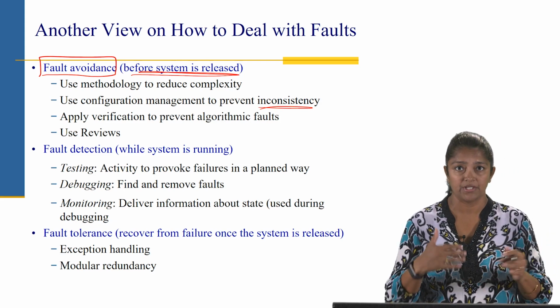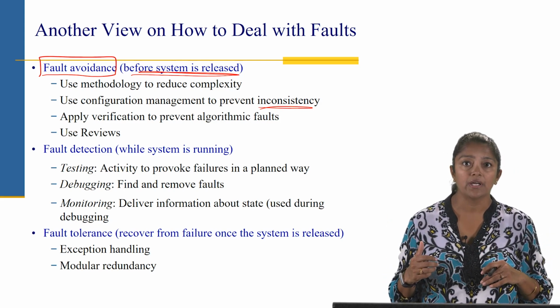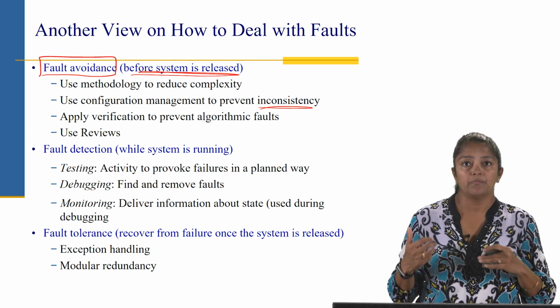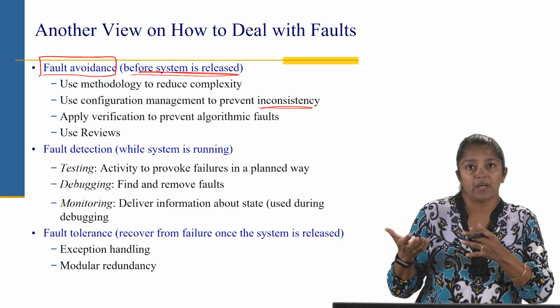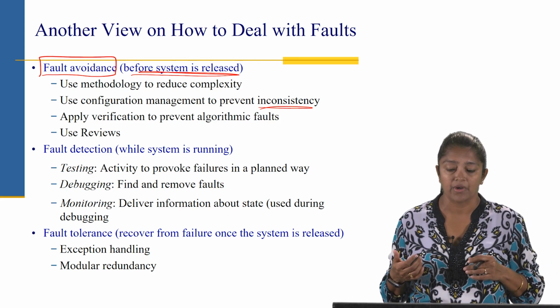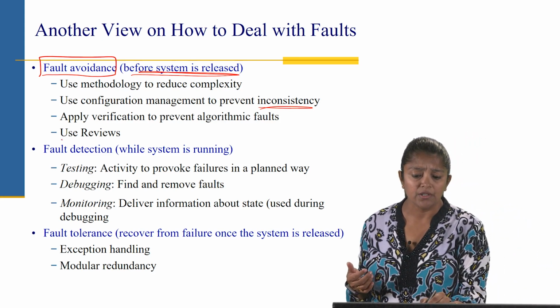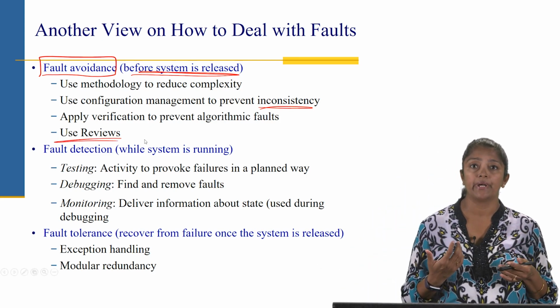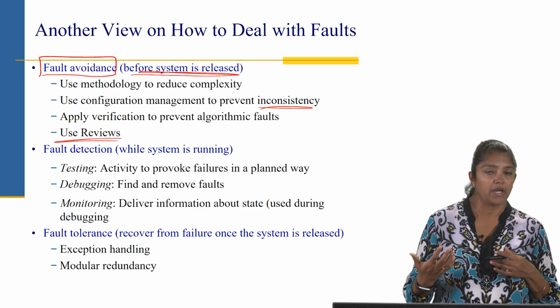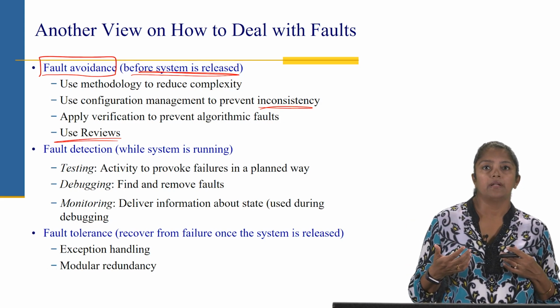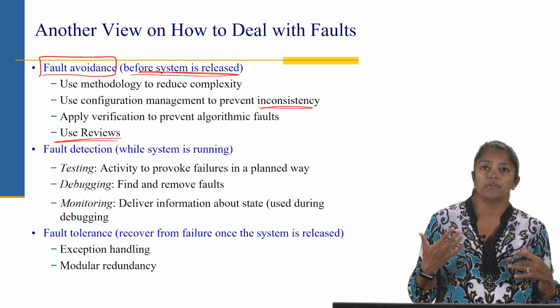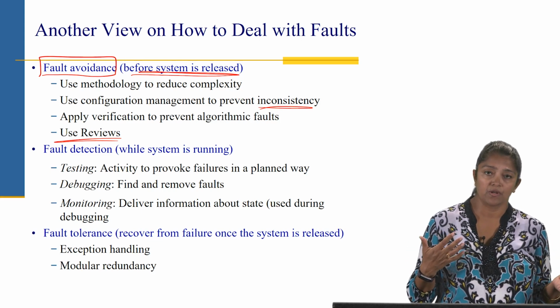Verification is the process of ensuring that the observed behavior is the same as the specified behavior. And then user reviews, which means reviewing designs and reviewing code. We're not executing the system here. The system is not running.